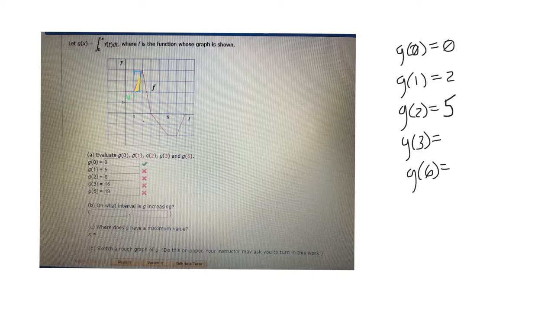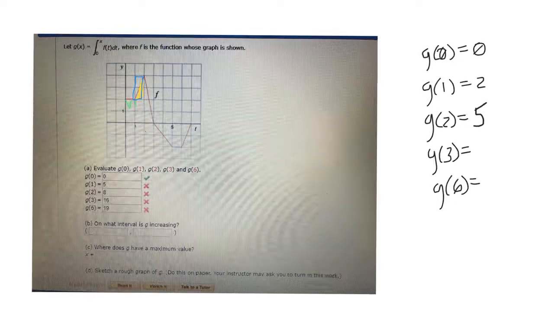looking at g of 3 now. G of 3 is asking for the area under this whole graph in between 3 and 0. So let's take a look at what's going on there.